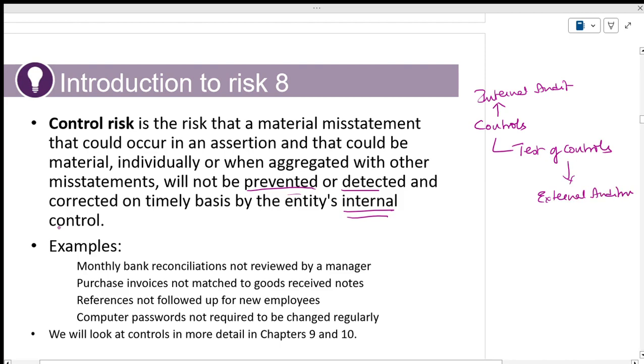You will go and verify, you will observe whether the controls are effective or not. If your internal control mechanism is weak in detecting frauds and errors, then it is going to be identified as a control risk. Again, in this case, they are saying it is individually or when aggregated.